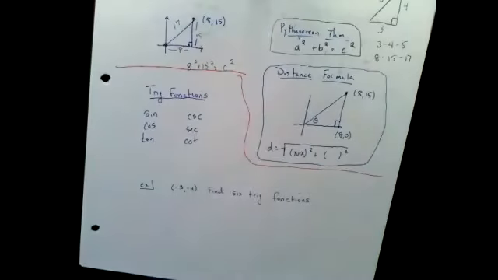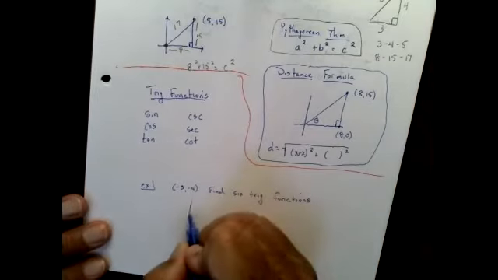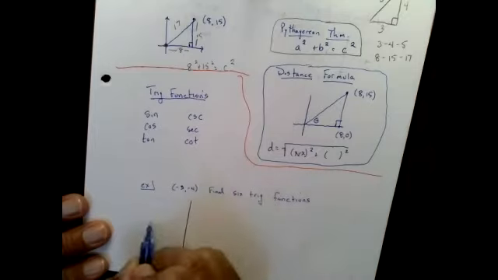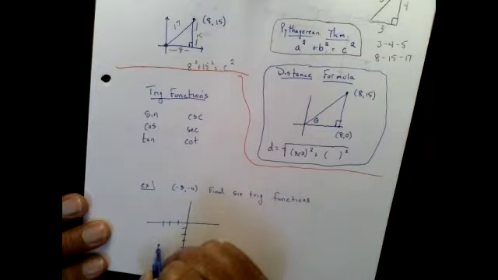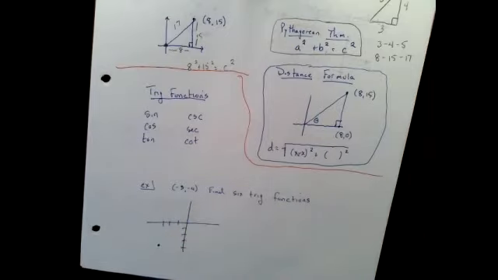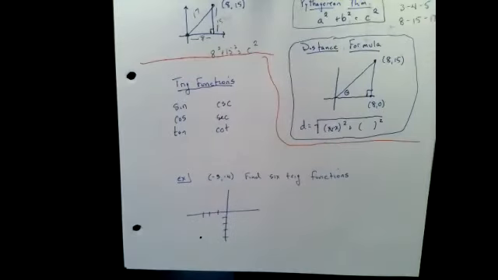Now I want to have a problem. Let's see what we can solve here. I want to take a given point, -3, -4, and I have that point. And I want to know what are the 6 trig functions for this point.